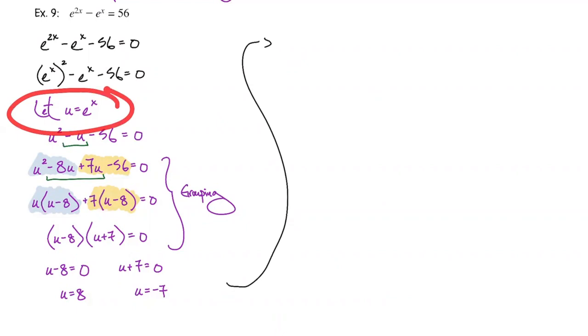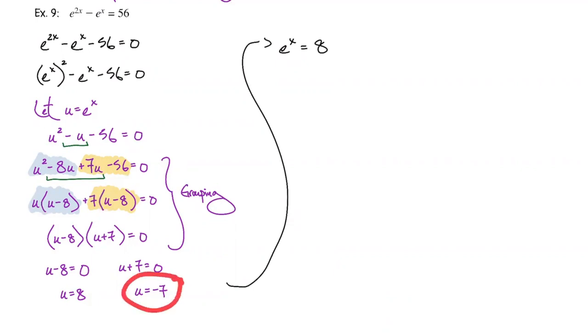But this time, instead of u equals 8, everywhere we see a u, we're going to write e to the x equals 8. And then what would I write down here? Instead of u equals -7, I would write e to the x equals -7.